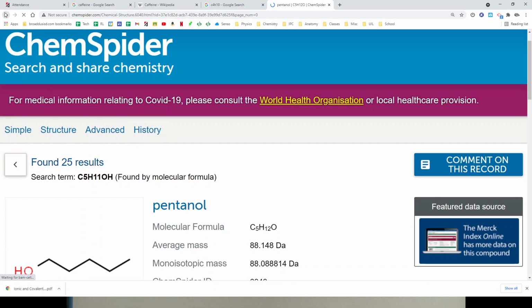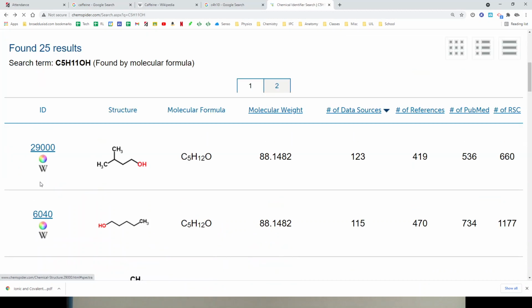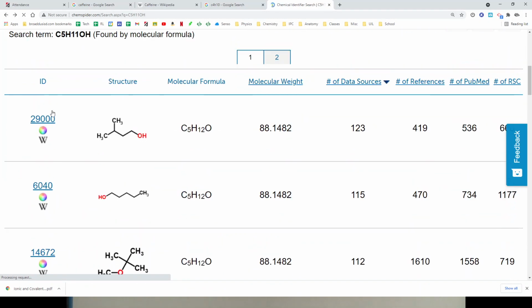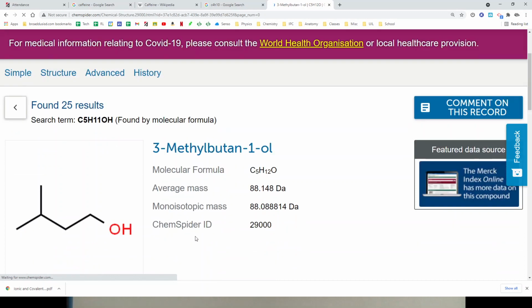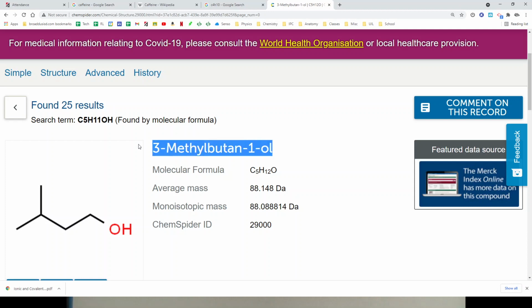Pentanol, that has a unique name. 3-methylbutan-1-ol. That's this chemical. I honestly don't know how to go from a name to formula or formula to name. It's a lot of nomenclature memorization.